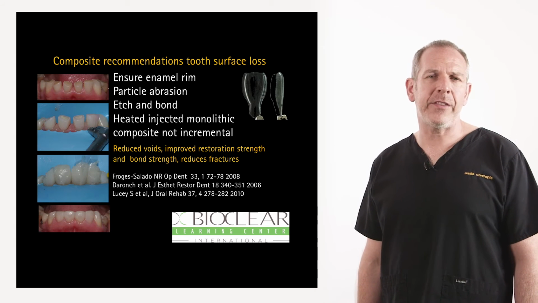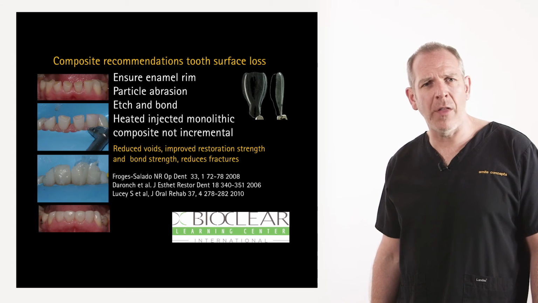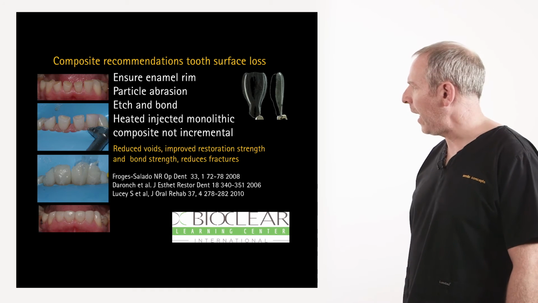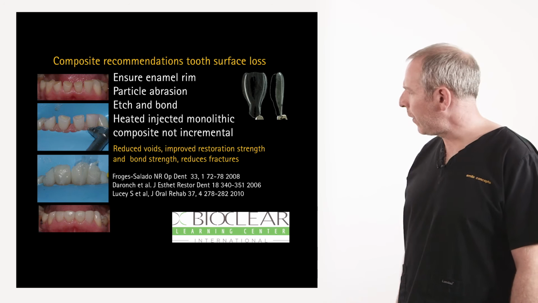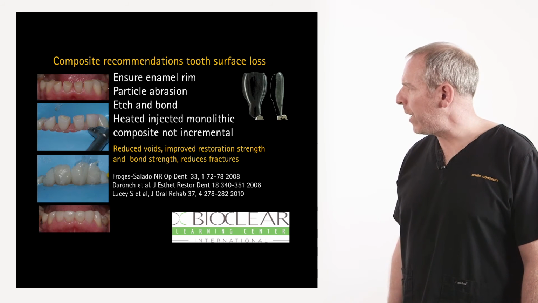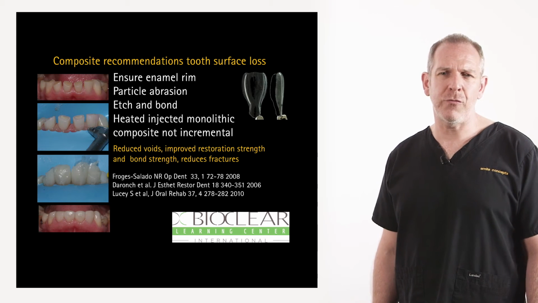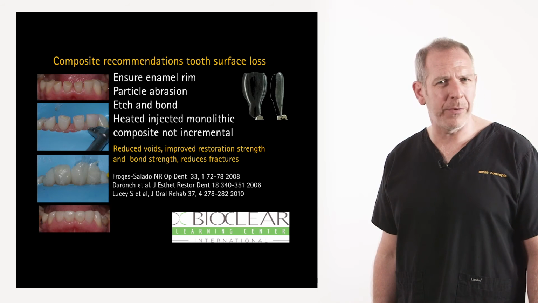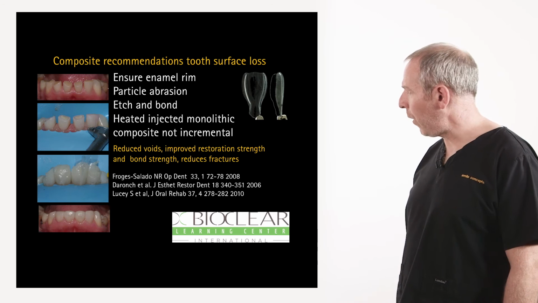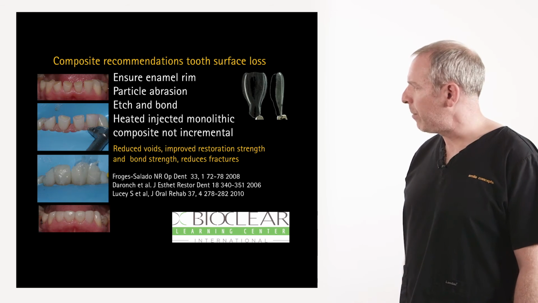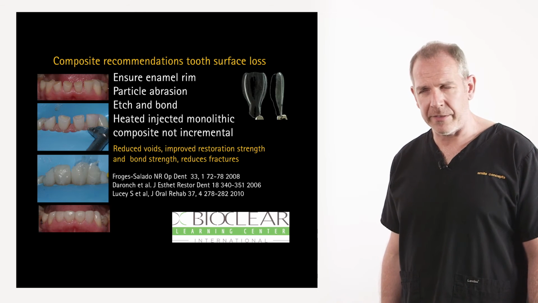Now this gives you an excess, and then rather than incrementally building up, you cut back the excess and then polish it. And the 3 studies at the bottom really starting to have this movement going forwards that we should really not be layering our composites anymore. We should be following this technique, using particle abrasion, but using monolithic composite.